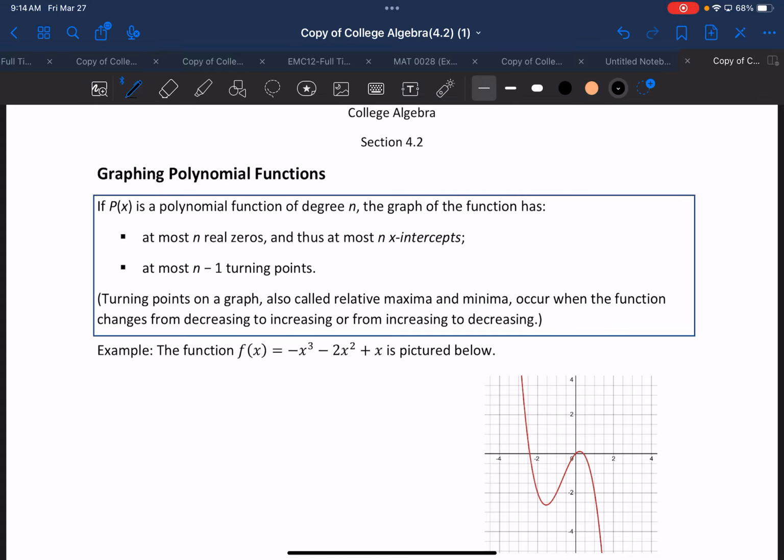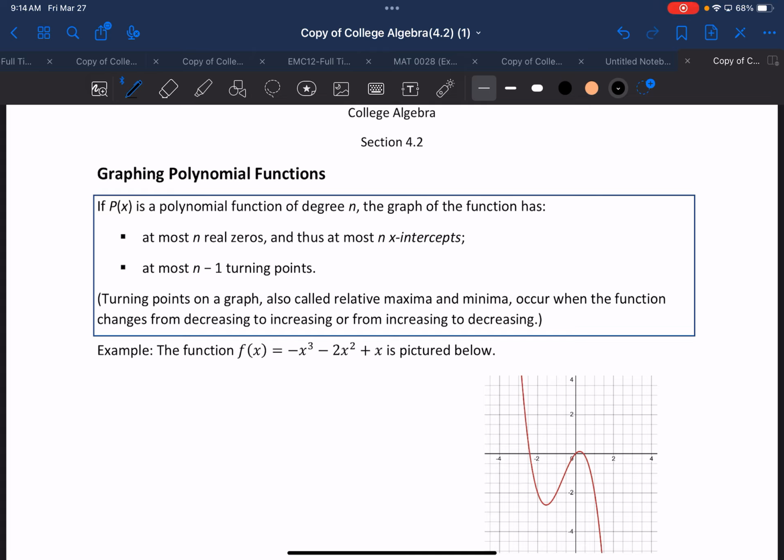We talked about that. And we talked about the leading term behavior, or the leading term test, to analyze the end behavior of the graph, what's happening at the ends. So that's what we did in 4.1. We learned a couple of other things, but those would be the two most important.